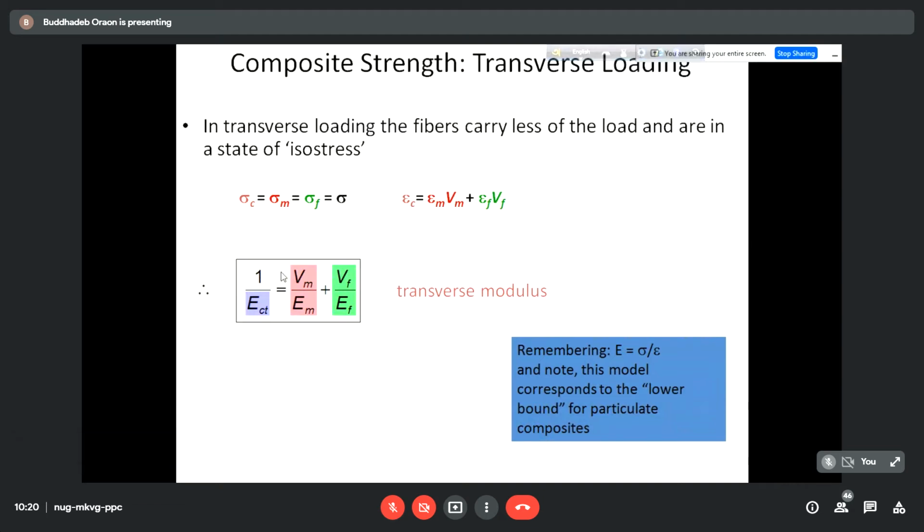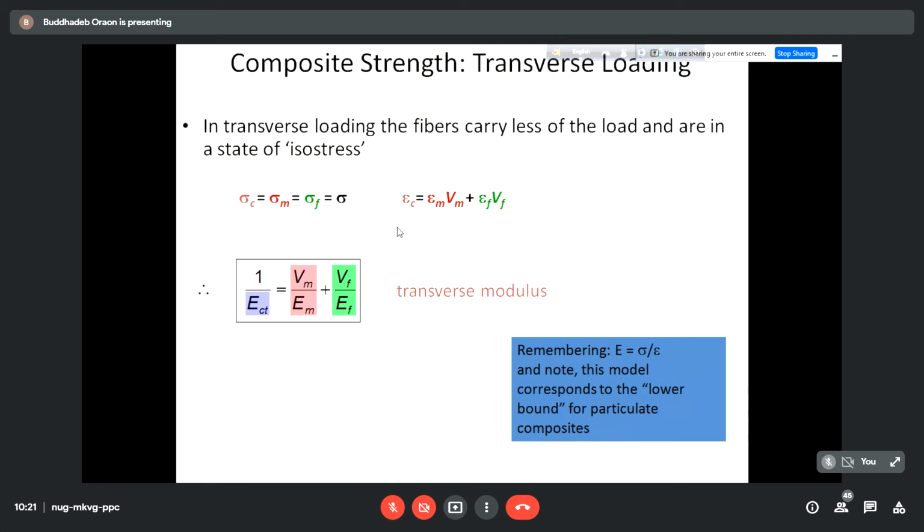Then we can consider another assumption under this case, that is, fiber and matrix are of uniform thickness along their length. That means when you are applying a transverse load and you have different cross-sectional area along the fiber orientation, then it will not be valid. That is why we are saying that fibers and matrix are of uniform thickness along their length. Then only this will be valid.